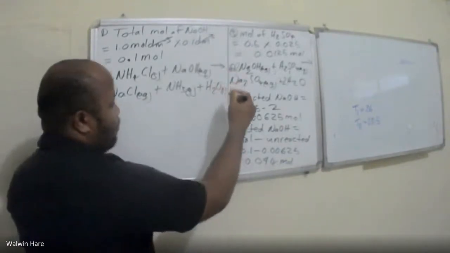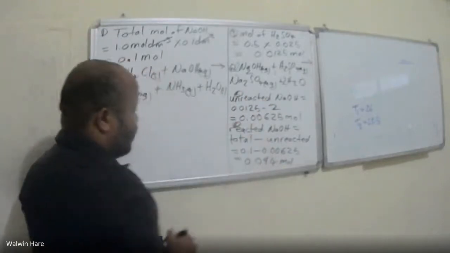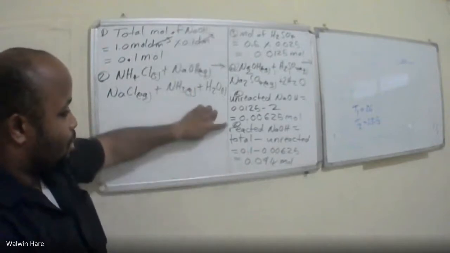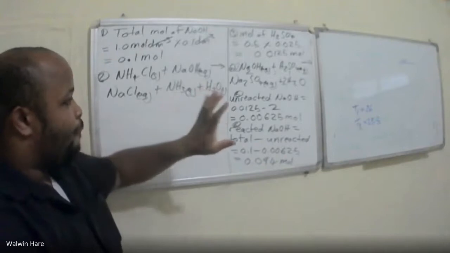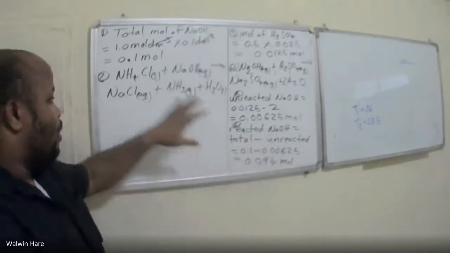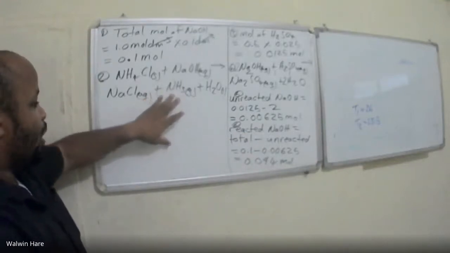Alright, so step 4, step 5, step 6. Once we get the amount of sodium hydroxide that reacted, we have finished the titration portion and we are moving back now to the equation, the reaction.